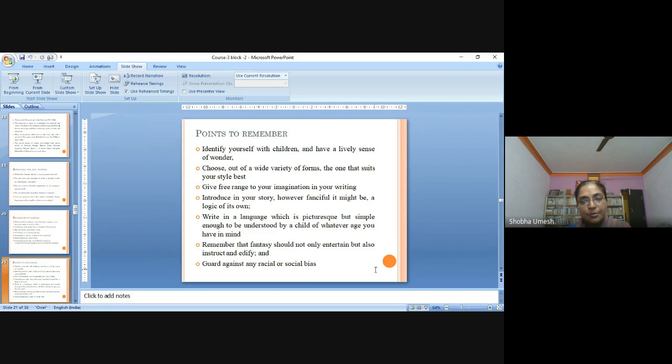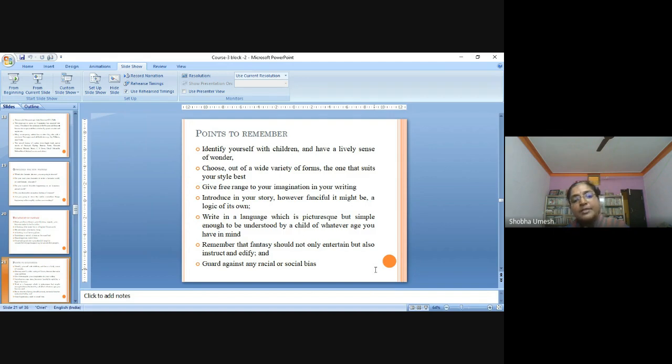When it comes to the 4 to 6 age, even the pictures as well as the simple language have to be there. So always we should be simplistic in narration as well as in technique and the language we use in writing for children. So we have to keep the mind of the child and compose.